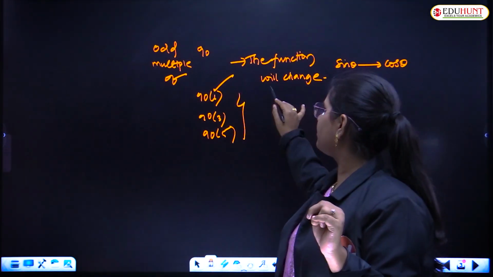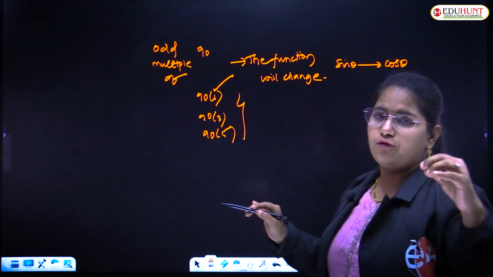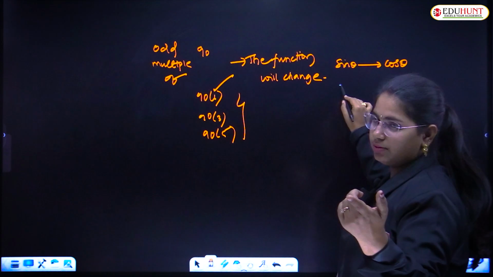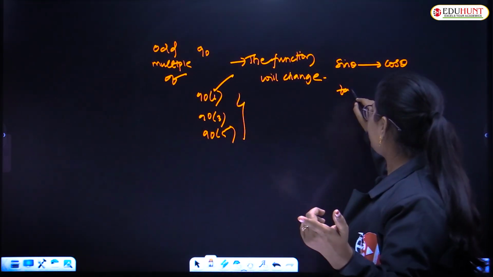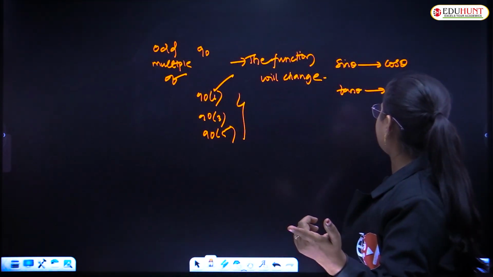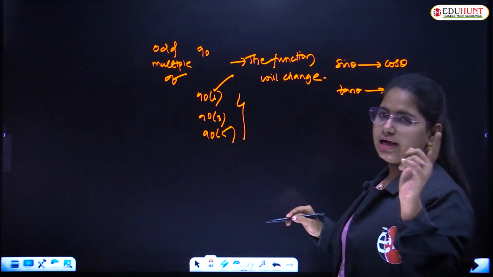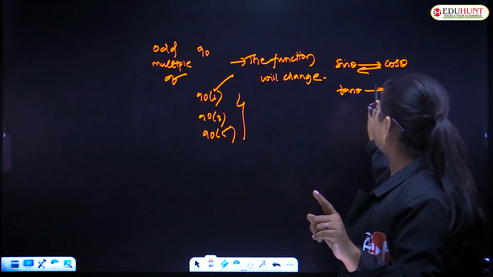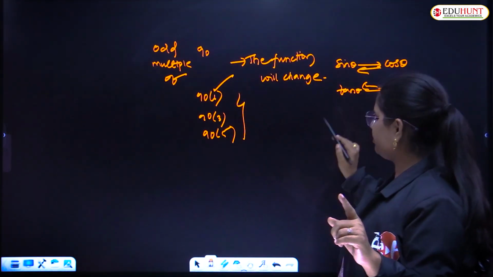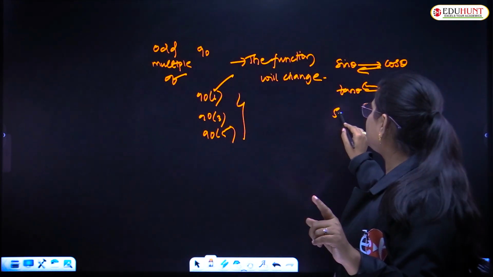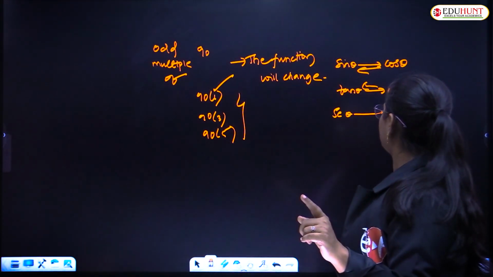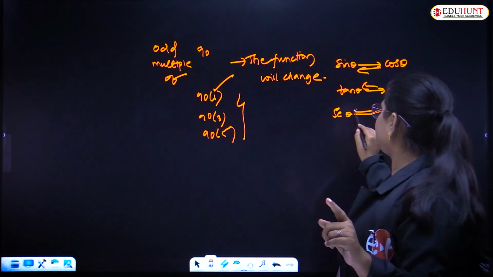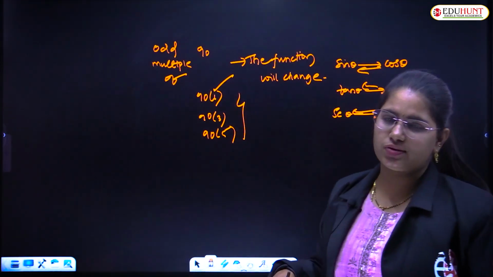In these cases, the function will change from sin theta to cos theta, from tan theta to cot theta, and from secant theta to cosecant theta, in both ways.